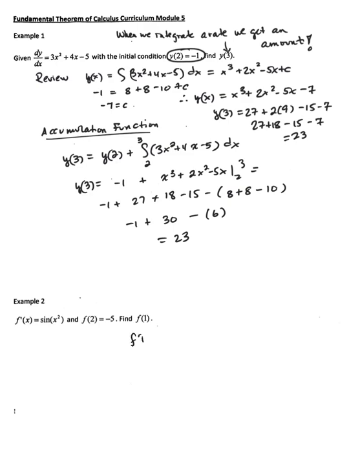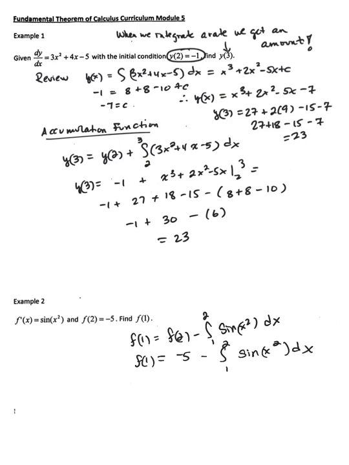So f of 1 would be f of 2 minus the amount that accumulated from time 1 to time 2 of sine x squared dx. Okay, so bring your calculators to class because I will be showing you how to do this. So f of 1 is -5 minus this integral, and I will be showing you how to type this in class.